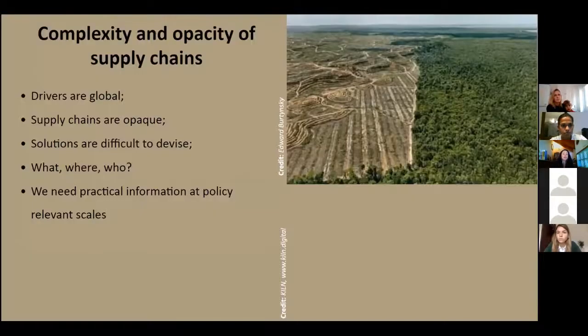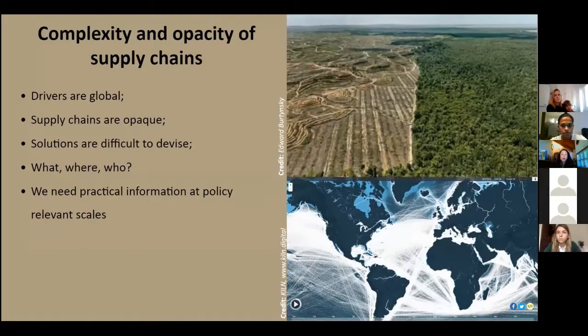So in this case, we have a driver of biodiversity loss that is global, that operates through supply chains that are complex and opaque, and therefore the solutions to address this issue are difficult to devise.